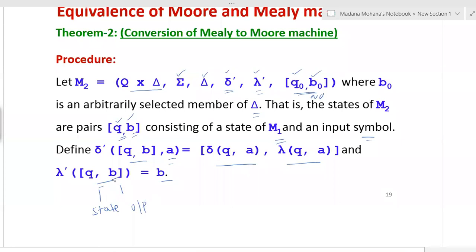Whatever symbol B is here will be treated as the output of this state Q. So for this pair we have a common output, that is B. Using this transition rule we can find delta dash and lambda dash. This is the procedure for conversion of a Mealy to a Moore machine.